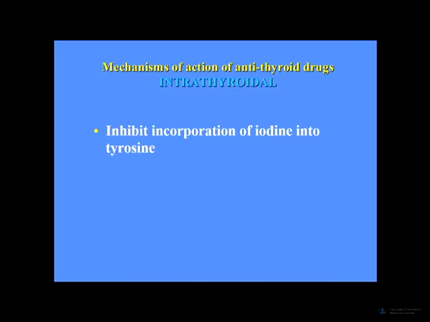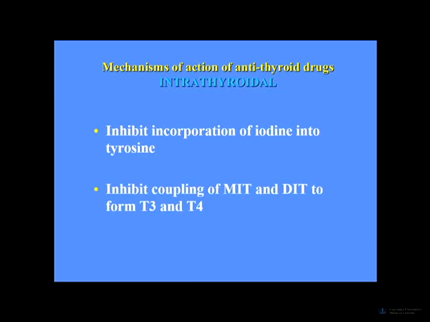Intrathyroidally, they inhibit the incorporation of iodine into tyrosine, so they inhibit organification. They also inhibit the coupling of the monoiodotyrosine and diiodotyrosine to form T3 and T4, and they do this by interfering with the action of the thyroperoxidase.